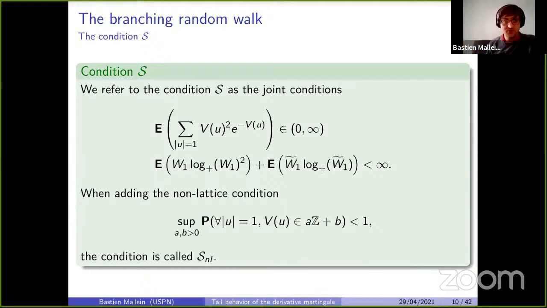So I said most of the result in the case where it's non-lattice because you have a constant and not a periodic function, but a lot of results extend to the lattice case.